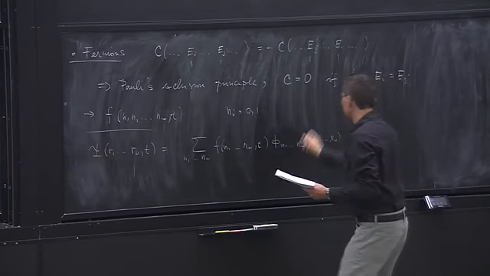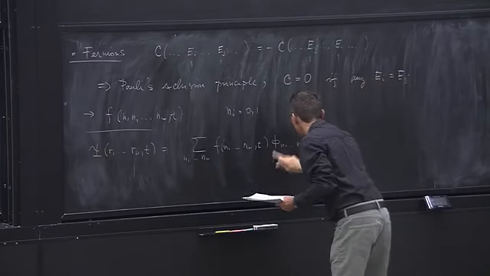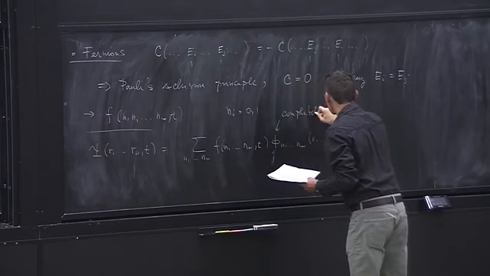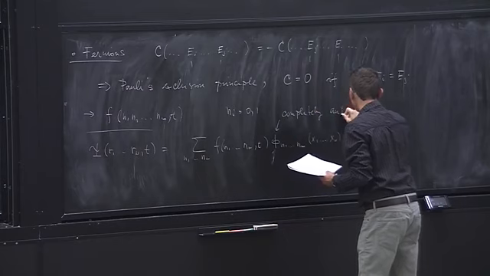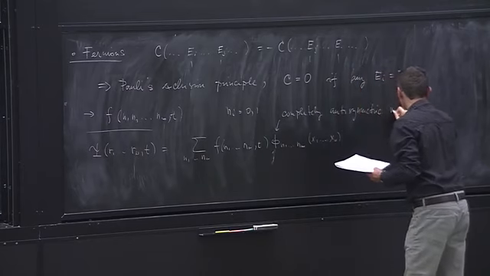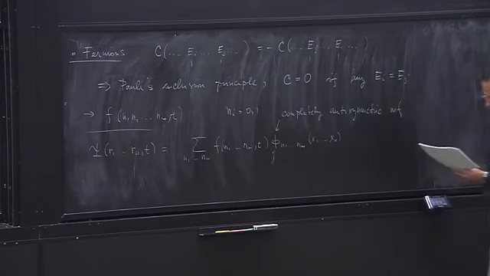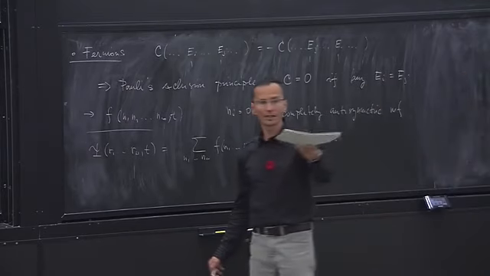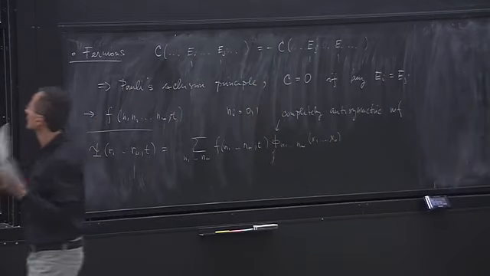And this is now a completely antisymmetric wave function of n particles. And this is given by the so-called Slater determinant, which again you can look up in these notes.